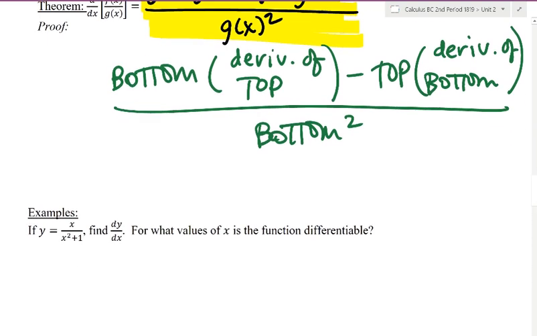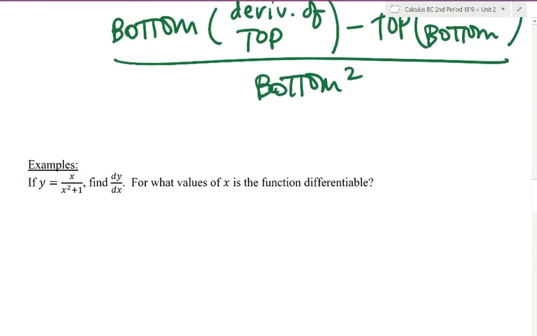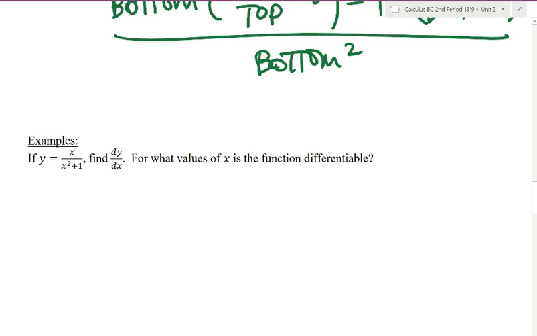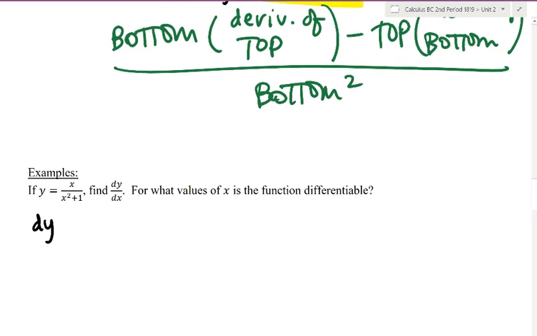Alright, so let's just put this to use. y equals x divided by the square root of x squared plus 1. Find dy/dx. Well, I'll leave that as a quotient.